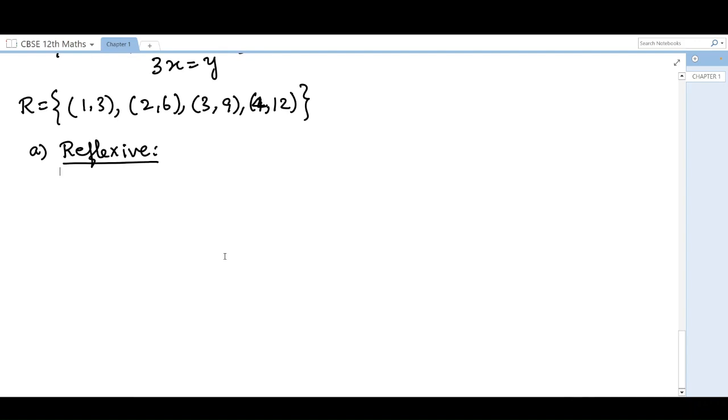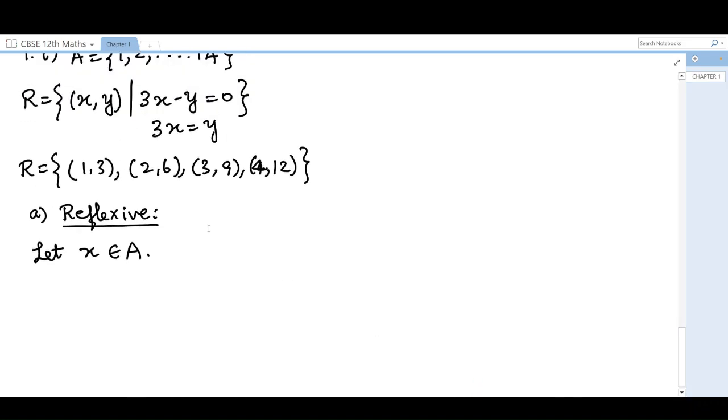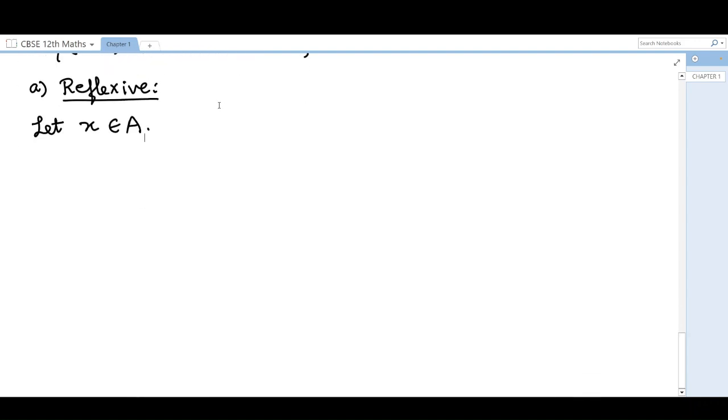In general, we can also prove this without identifying the elements in this relation in the following way. You can randomly pick an element from the set A. So let x belong to capital A. Now we have to verify whether this element x is related to itself. If an element is related to itself, then it should satisfy the condition 3x minus y equal to 0. So the element x should satisfy the condition 3x minus x equal to 0.